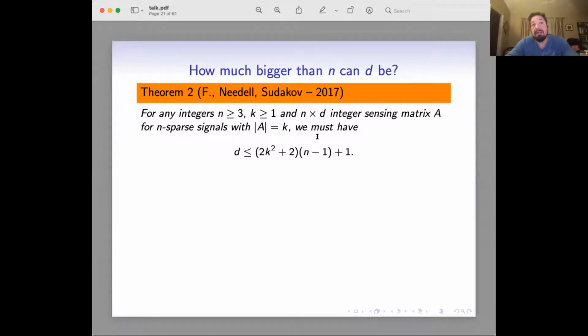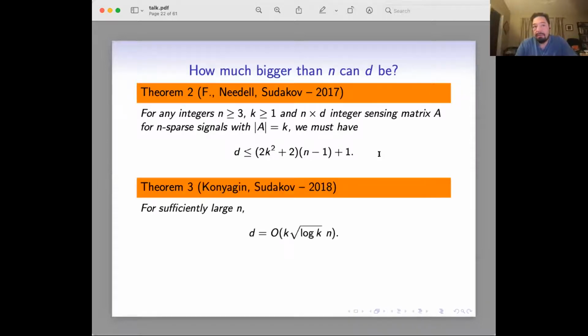So the maximal it can be with sup norm of A being k and D being at most this. So here you see the dependence on n has to be linear. So it cannot be bigger than linear. But here the dependence on k, the sup norm of A, is quadratic.